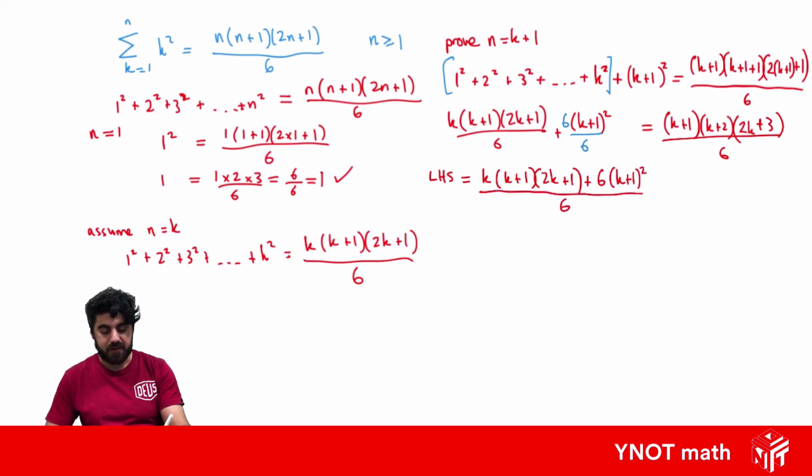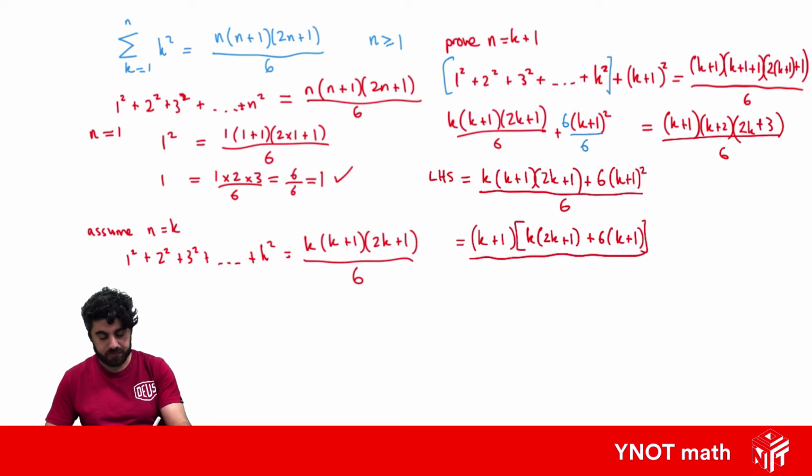Now we can factorize out a k plus 1. And that's going to leave us with k times 2k plus 1 plus 6 outside of k plus 1, all over 6.